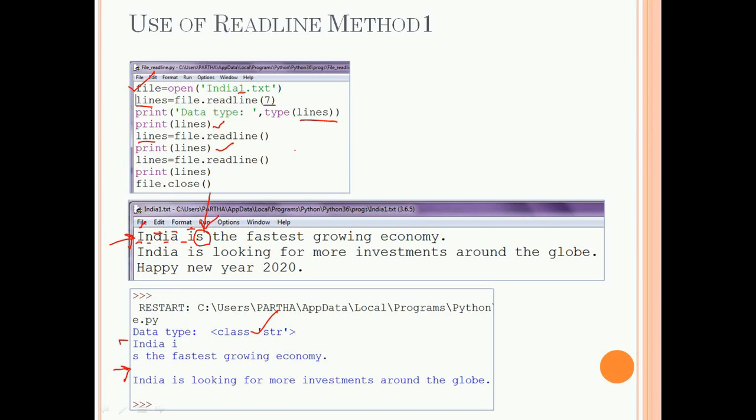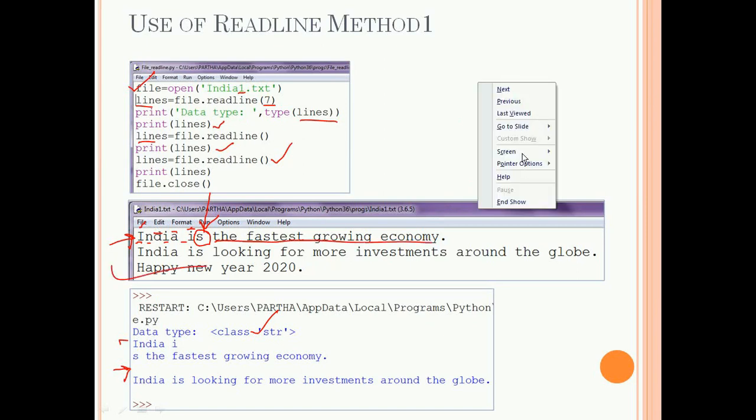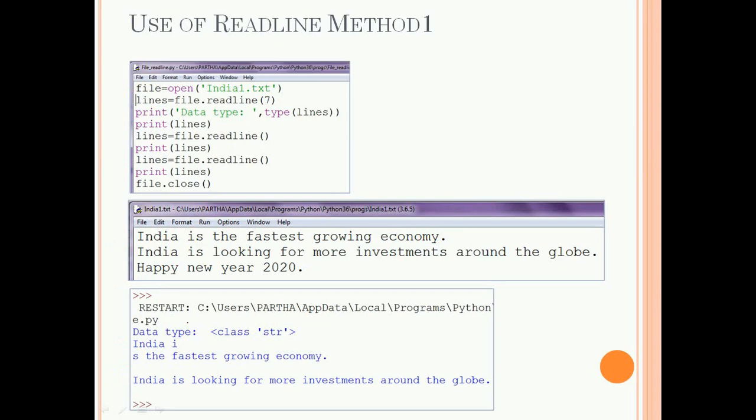And after this statement, again we are reading using readline method. So after fetching this line, the file pointer will point to this character or this position. So this readline method will fetch this entire line. India is looking for more investments around the globe dot, and another new line character.